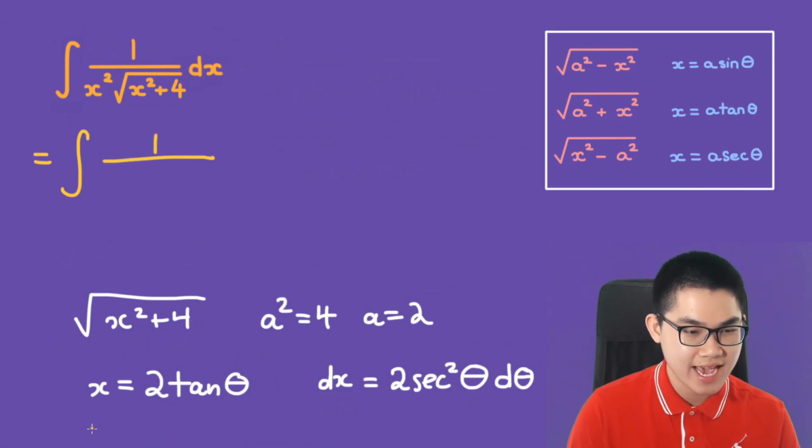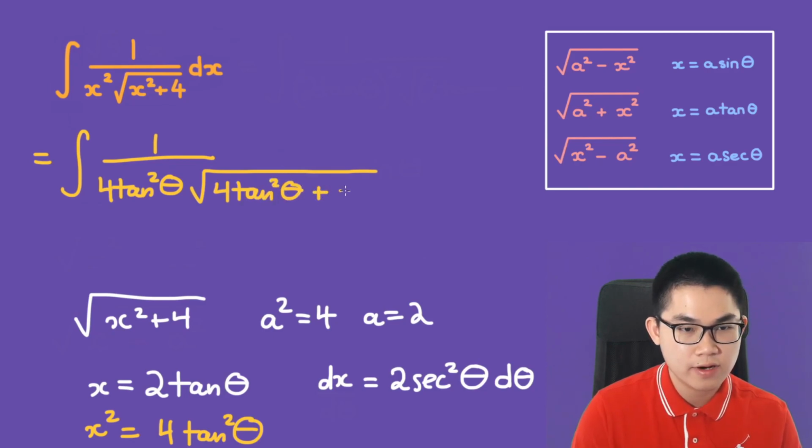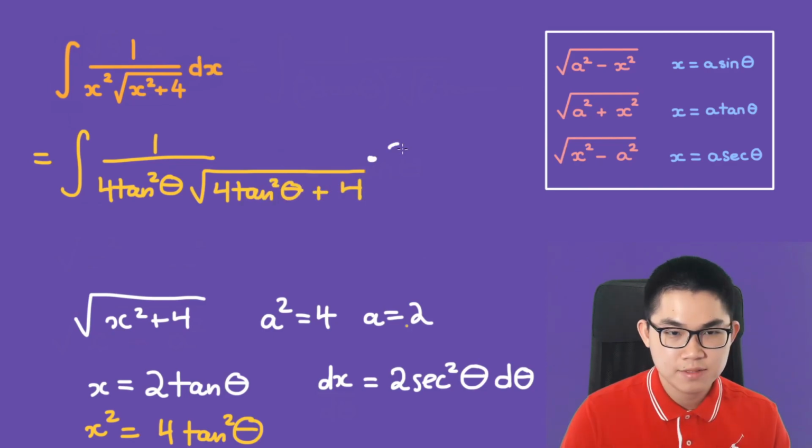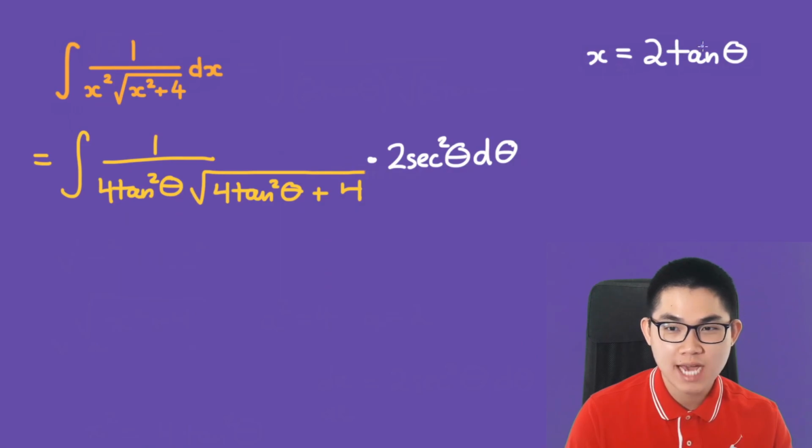So x is 2 tan, and x squared would be 4 tan to the power of 2. So 4 tan to the power of 2 times the square root of x squared, so x squared is 4 tan to the power of 2, plus 4 times dx. So times 2 secant squared d theta. I'm going to put x equals 2 times tan up here.